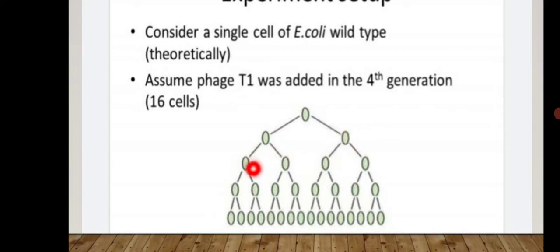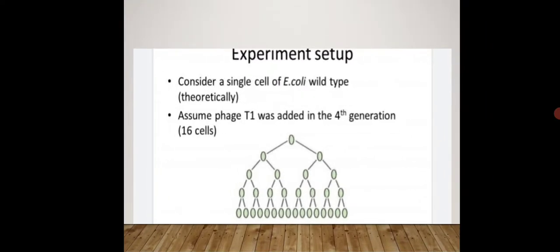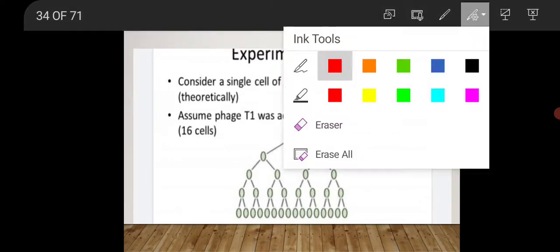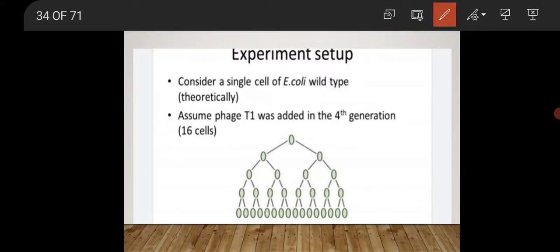In the third generation four cells. In the fourth generation, let me write with the pen. Yes, this is the first generation, this is the second generation, this is the third generation, and this one is the fourth generation.